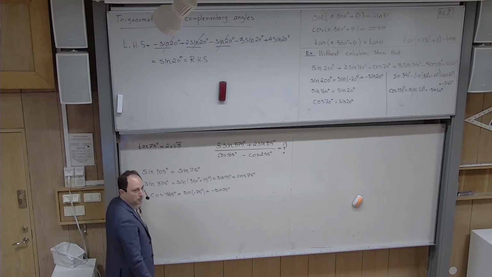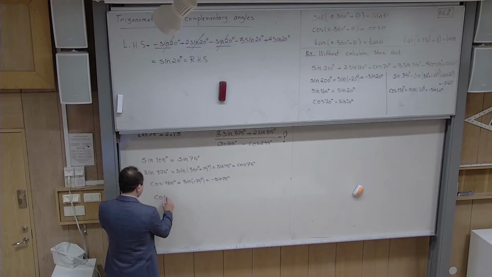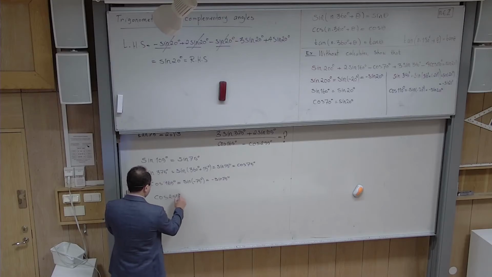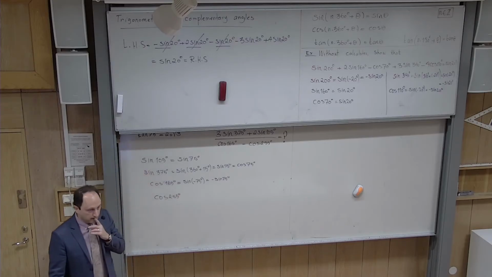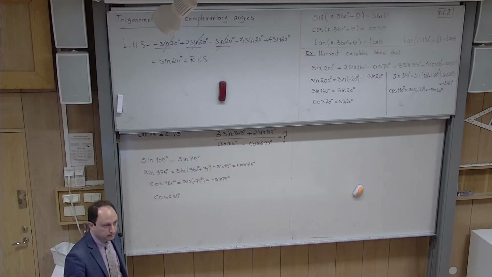And that's probably also easy. So cosine of 255, how do you connect it to 75 degrees? What is the supplement of 255? Minus 75.